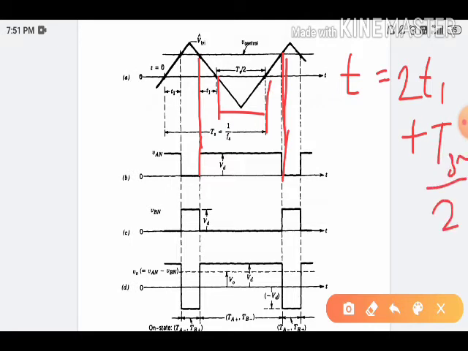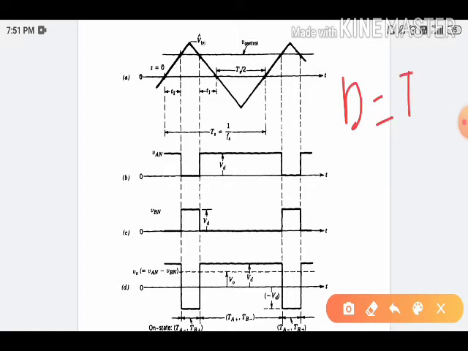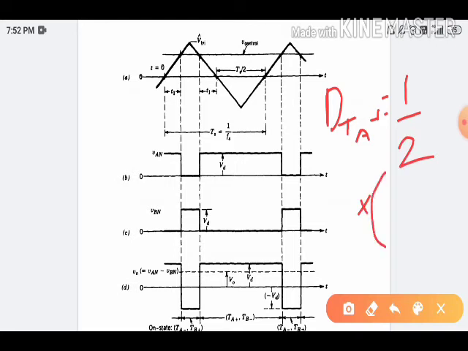The duty ratio is D equal to Ton by Ts. Putting these in, we get the duty ratio of TA positive as 1 by 2 multiplied by 1 plus V control by V peak of the triangle wave. So here is the duty ratio of switch 1.